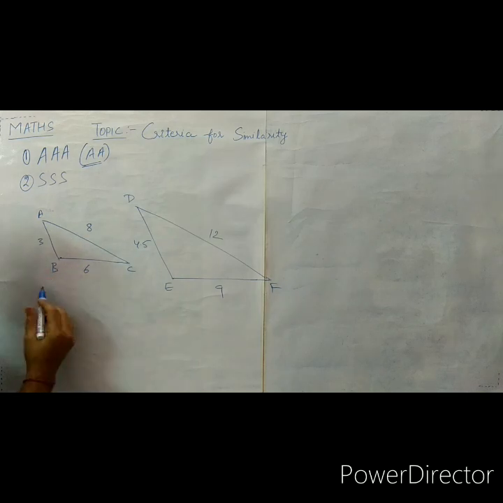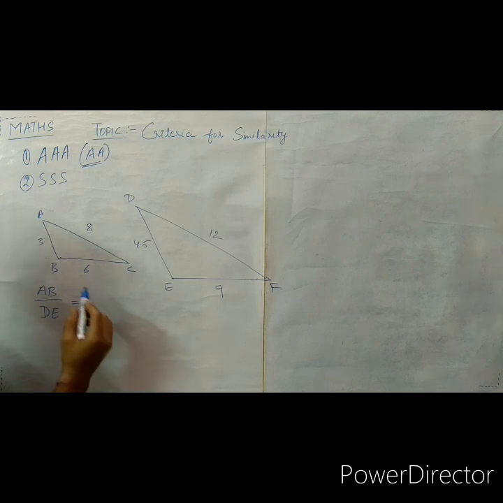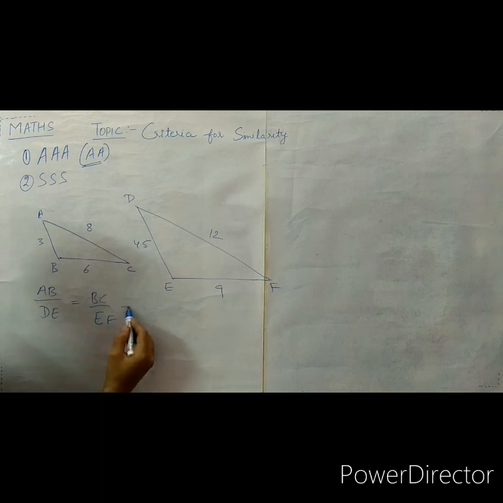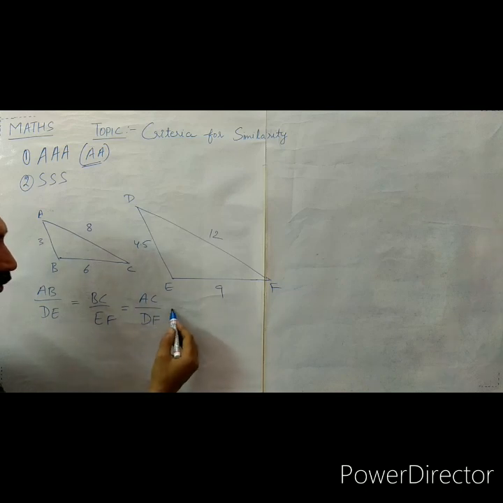So here AB upon DE is equal to BC upon EF is equal to AC upon DF is equal to 2/3.